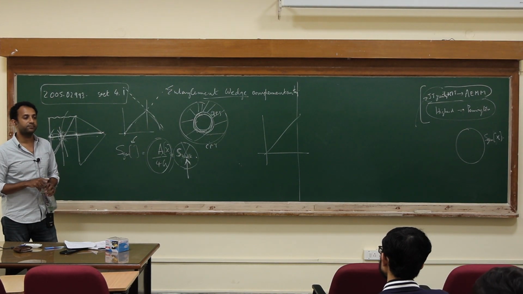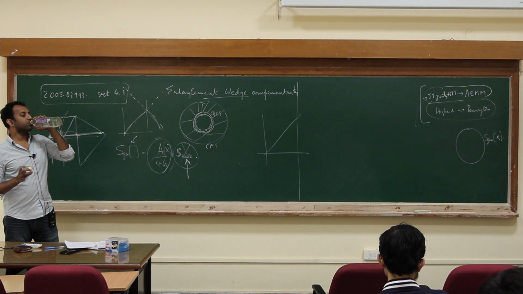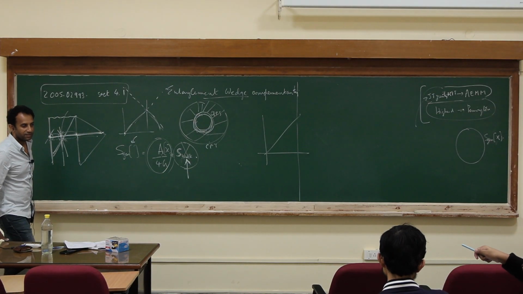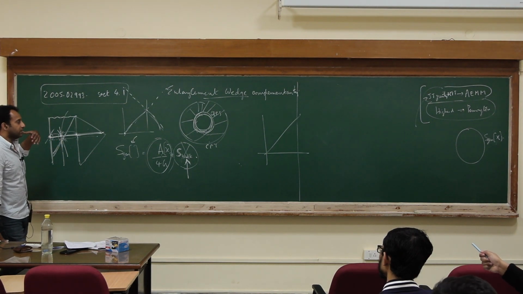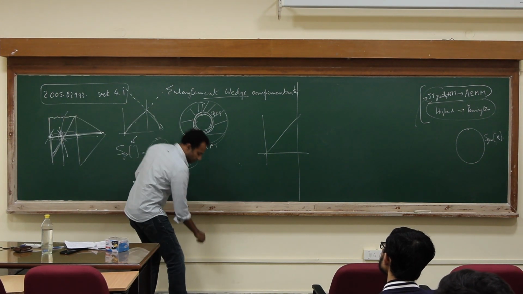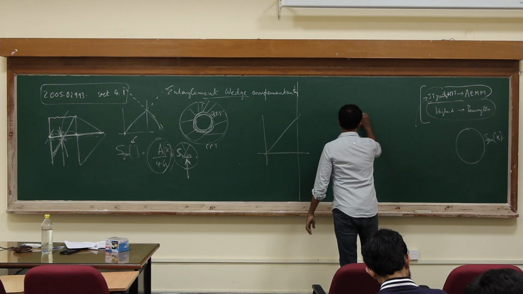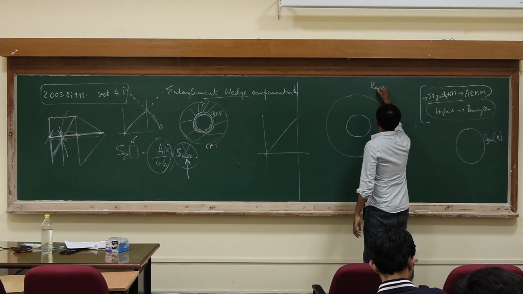Any other questions? Yes, please. Yeah, this region. The picture that you can keep in mind is this one. At any time, the cross section of the black hole, roughly speaking, looks like this. This is the radiation.